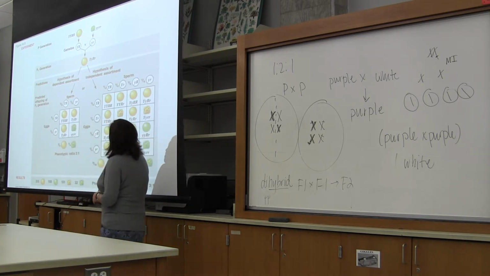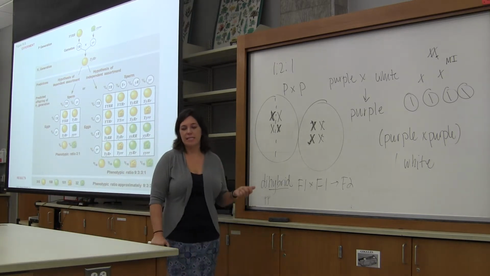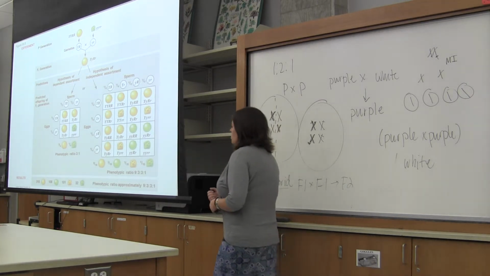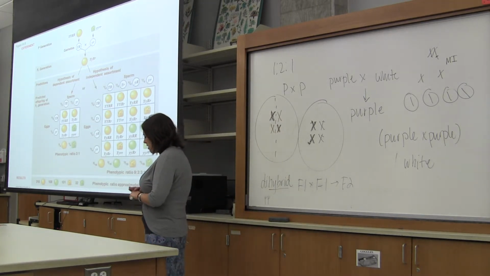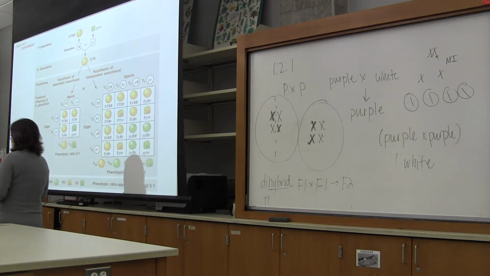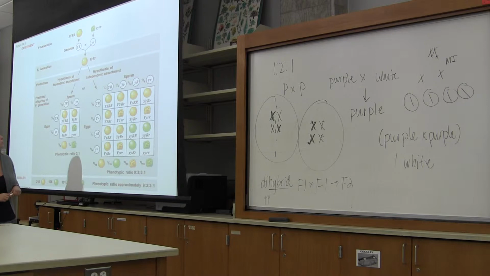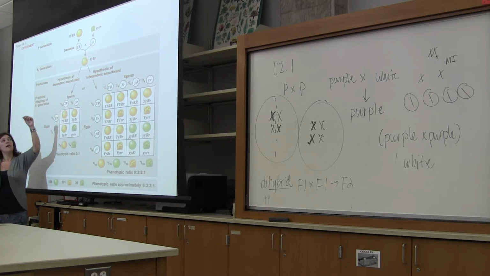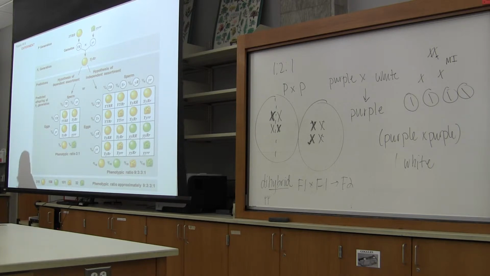Okay, so Mendel also started looking at these dihybrid crosses, looking at two different traits instead of one. One of the other studies he did again used pea plants, but instead of flower color, he used seed color and seed shape. Again, he took true breeding, so homozygous dominant or homozygous recessive, pea plants.